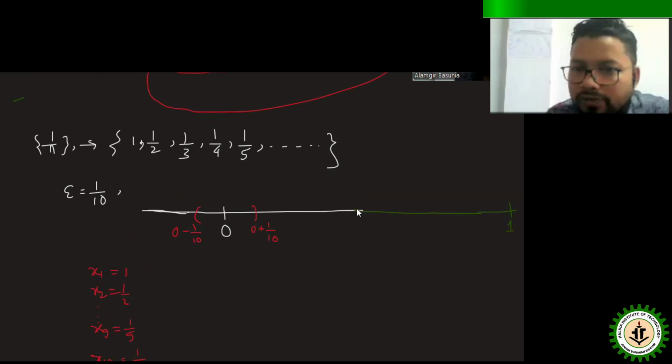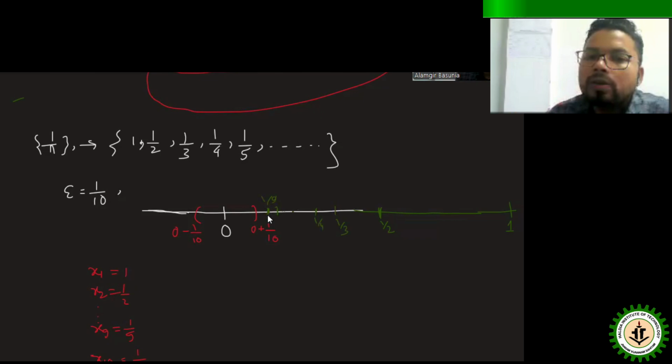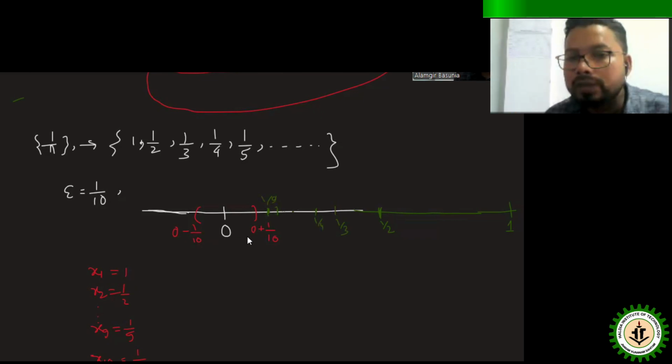Now, x2, half. Half definitely will be here, maybe here, and half is also outside. Then 1 by 3 is also outside, 1 by 4 is also outside. Up to this one, we can conclude that 1 by 9 also belongs outside of the interval 0 minus epsilon, 0 plus epsilon.